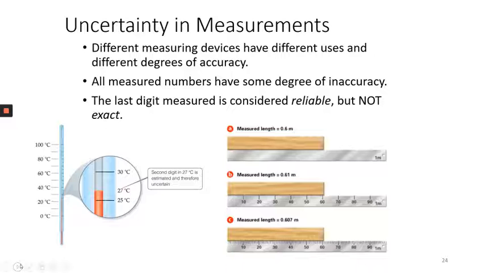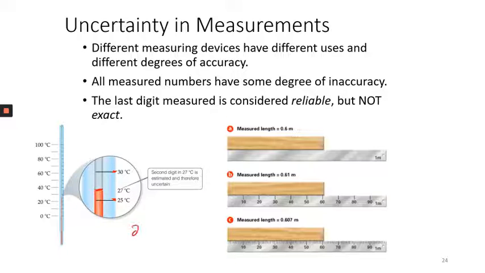So what does that mean? Here we have a thermometer, and you can see marked on our thermometer is 25 and 30. Our liquid is right here, somewhere in the middle. So we know it's at least 25, but less than 30. We're kind of guessing where it is between 25 and 30.